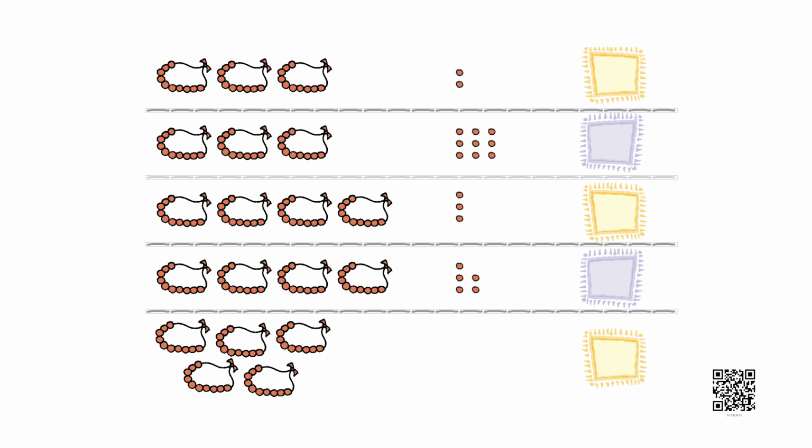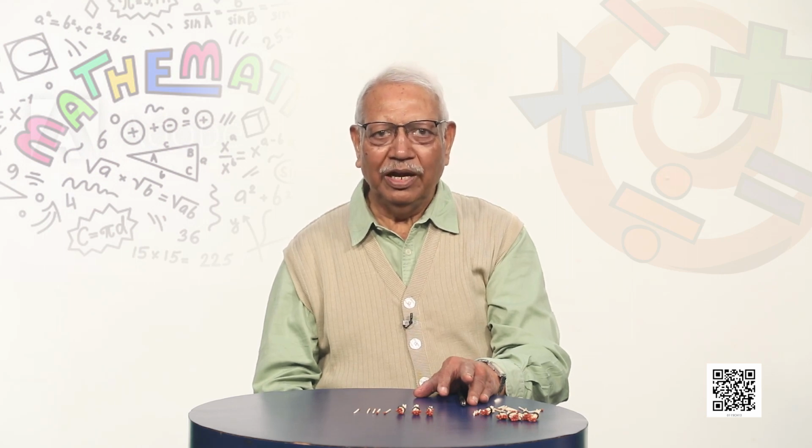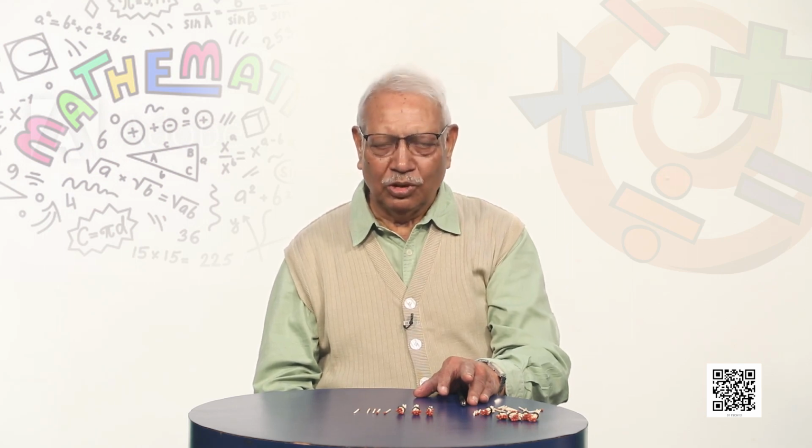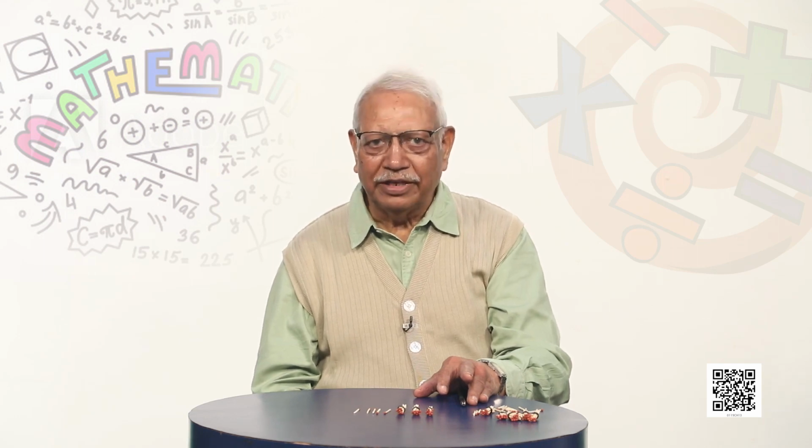And how many loose beads or motis? We have 1, 2. So, we can say these are 32. And how are we going to write it? 3 tens, so 3 on the left and 2 ones, 2 on the right. So, it will be 32 that way.